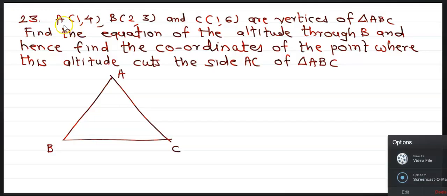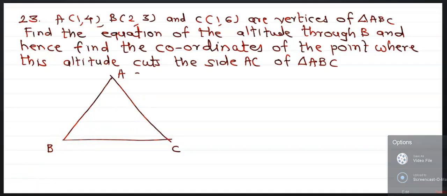Now see this problem. A is (1, 4), B is (2, 3) and C is (1, 6), the vertices of triangle ABC. Find the equation of the altitude through the point B and hence find the coordinates of the point where the altitude cuts the side AC. The altitude through B is perpendicular to AC.